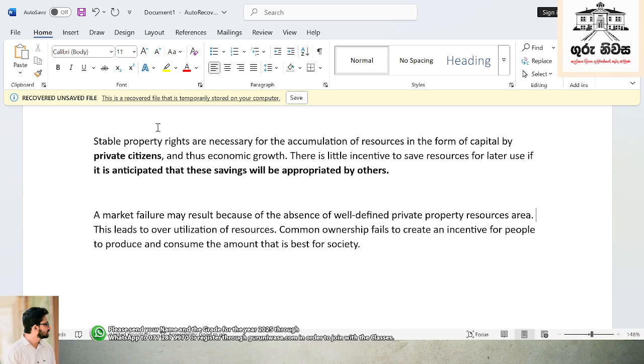Especially beaches, right? Plastic and polythene, my god. People dispose polythene and garbage into the sea. Sri Lanka is, I think, the world's fifth country which disposes the most garbage into the sea.